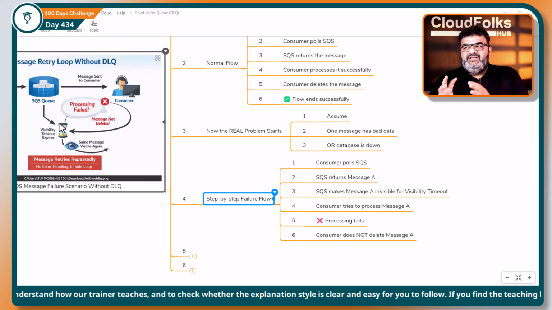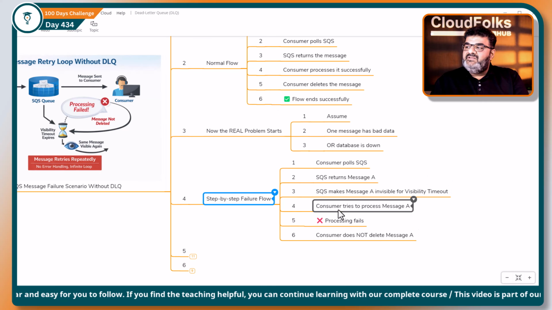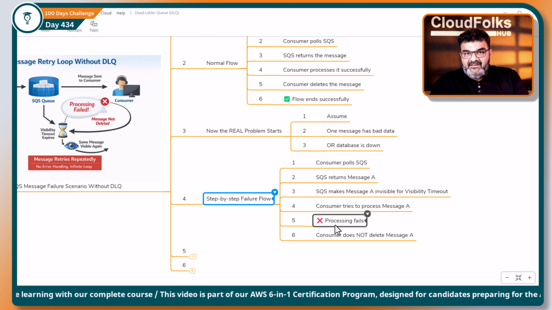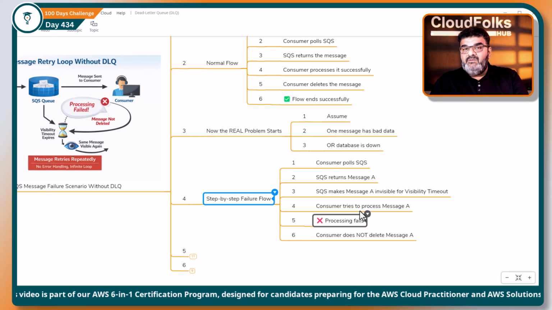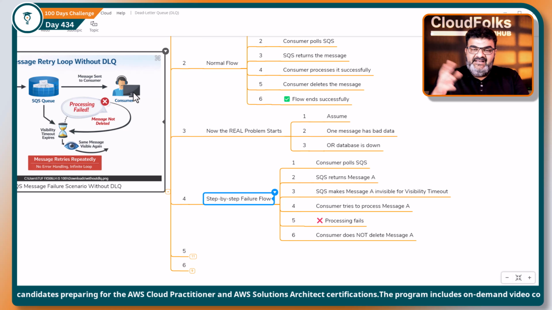Let's assume that we have a visibility timeout of 1 minute. It means whenever the consumer pulls this message A, it will be visible in the queue again after 1 minute. So, the consumer pulled this message and now it is trying to process it. Processing fails. The consumer does not delete message A. As per our normal flow, the consumer is going to process this message, and once the process has been done, it goes to the queue and deletes this message.